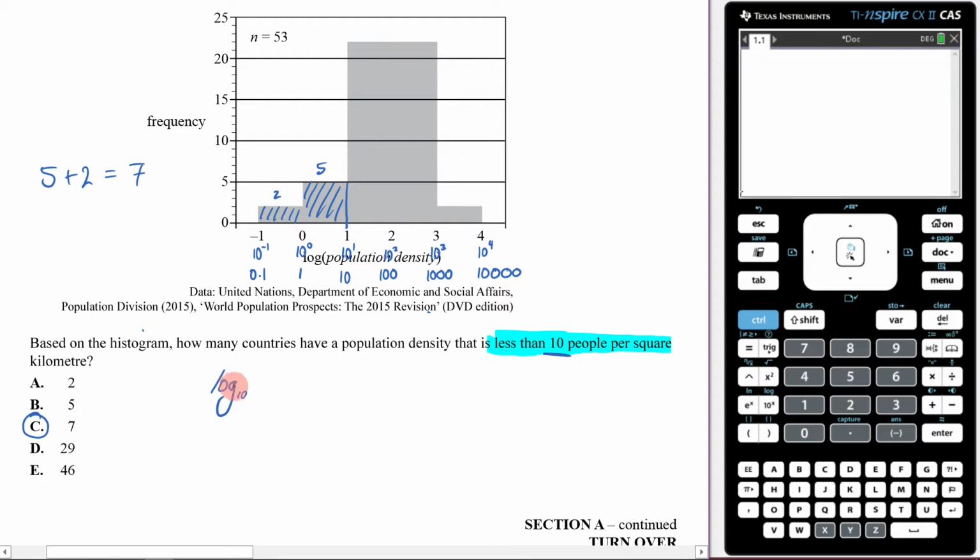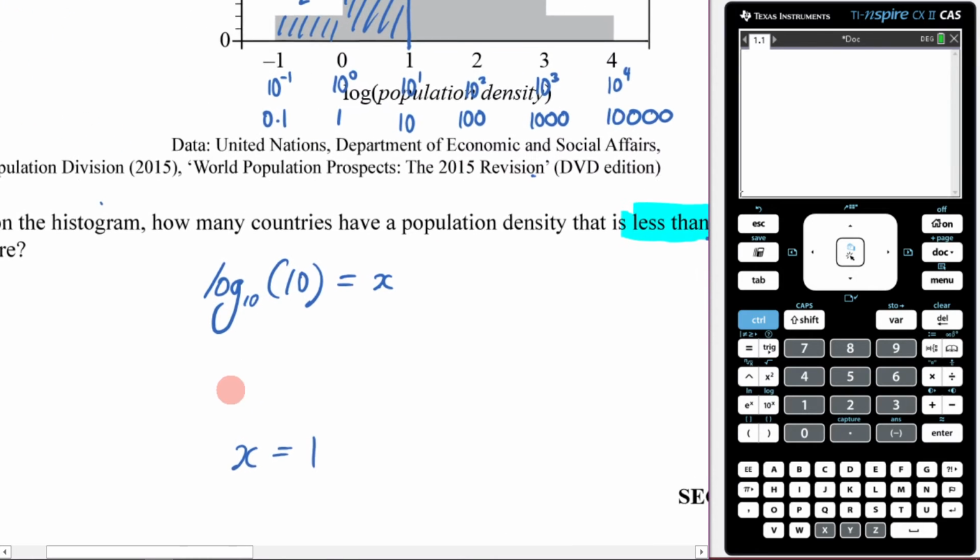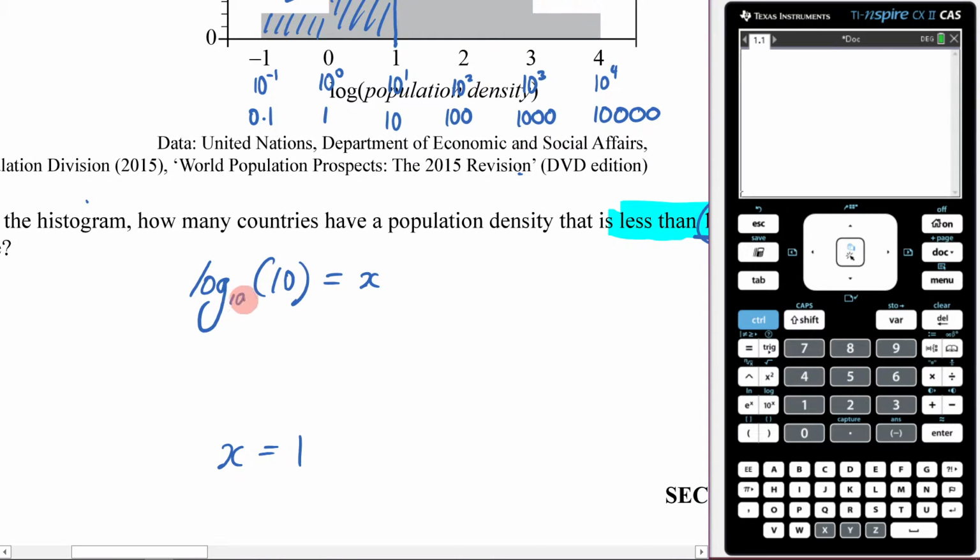So I could say log of 10 is equal to my values here. So 1, 2, 3, whatever it's going to be. We should be immediately able to look at this and recognize that my answer here is going to be x is equal to 1. The reason being is because of the way that a log works: this number right here is my base.